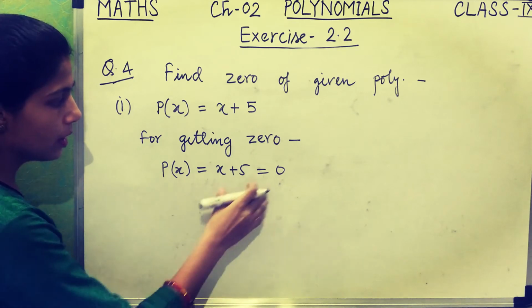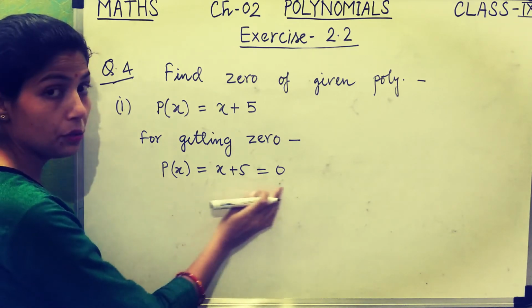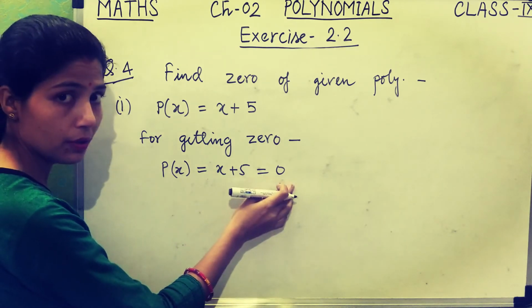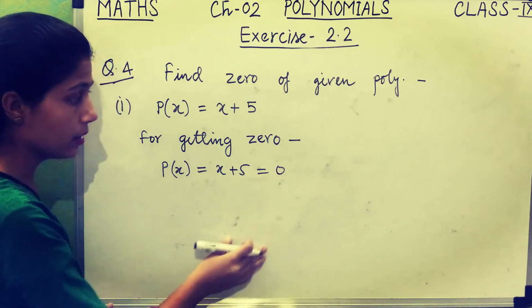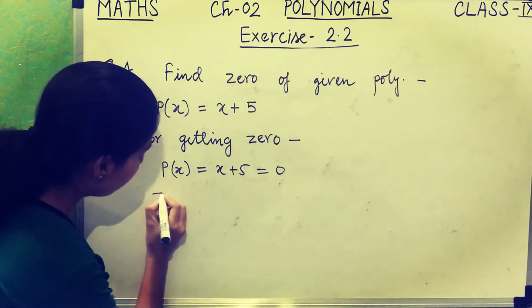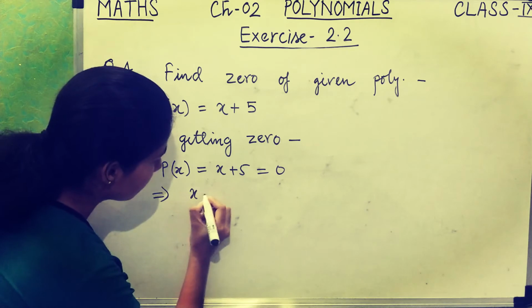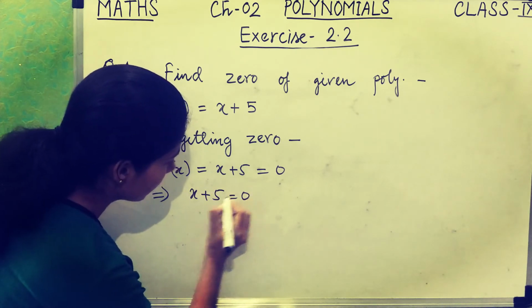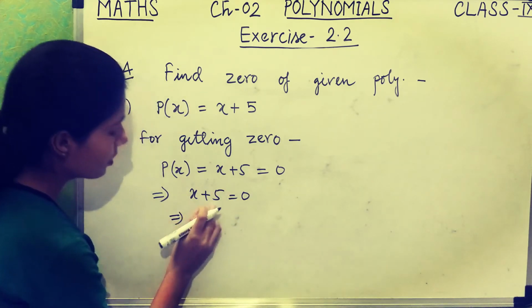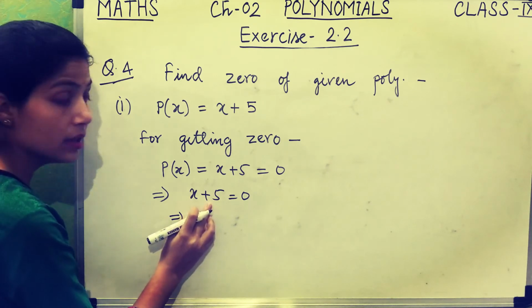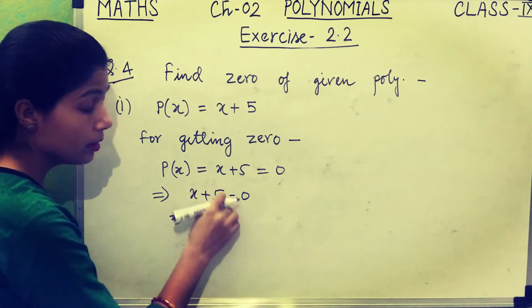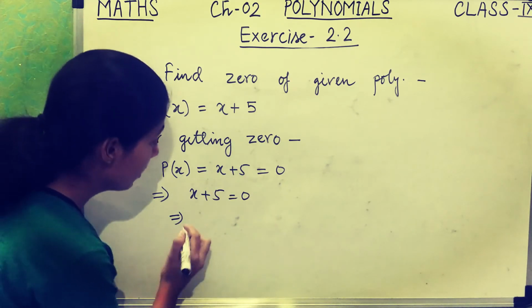Now it becomes an equation, x plus 5 equals to 0. So you will solve it as x plus 5 equals to 0. Now transpose this 5. Here it is adding, on the right side it will be subtracted.